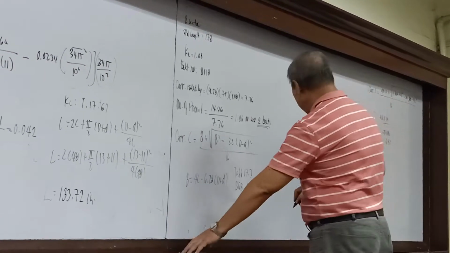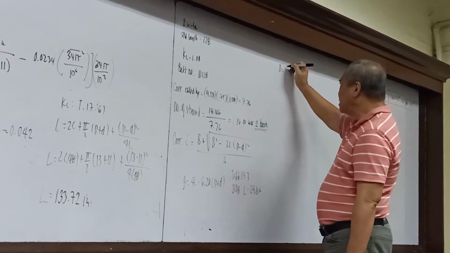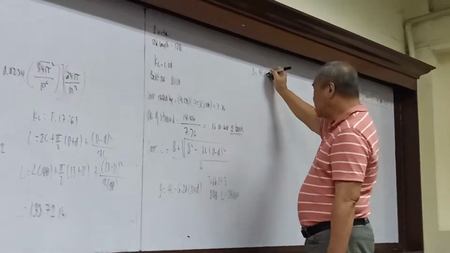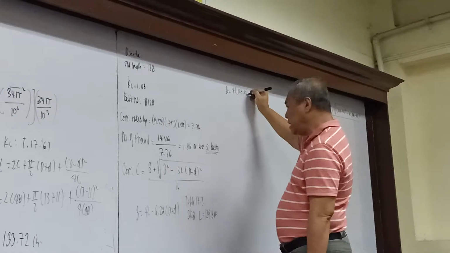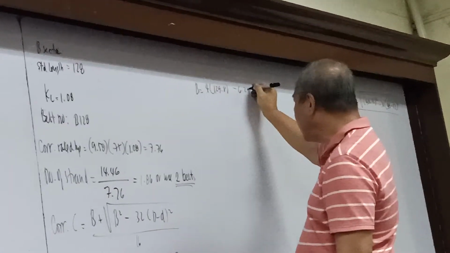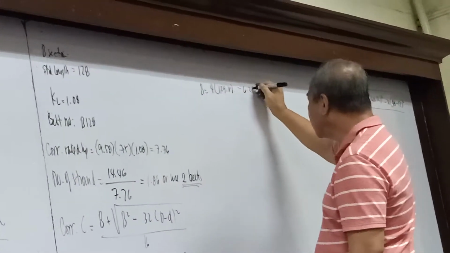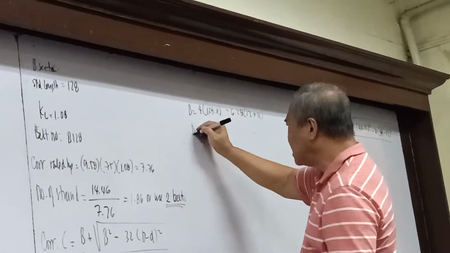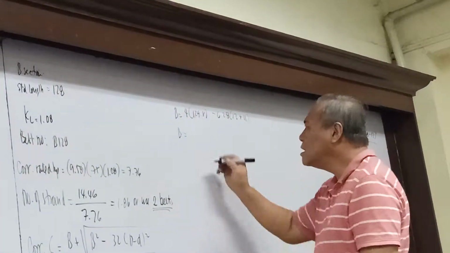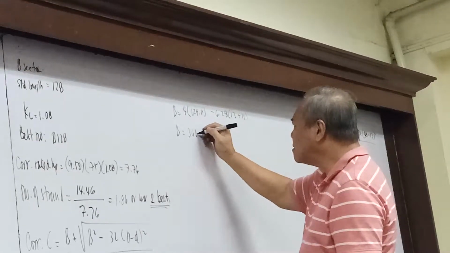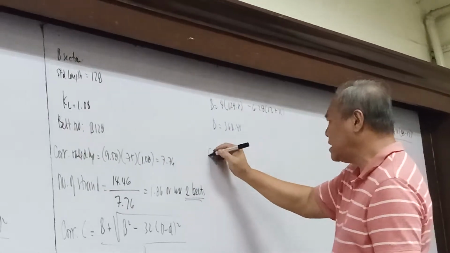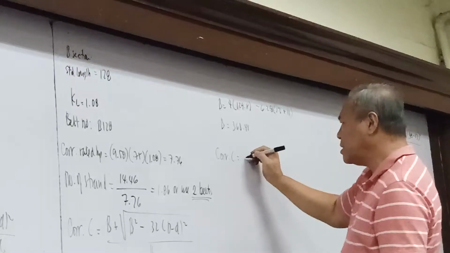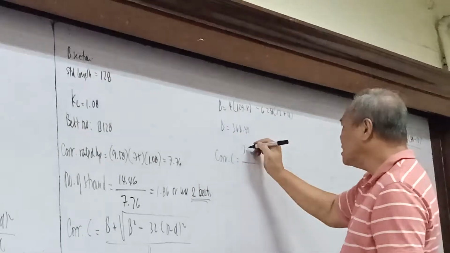Okay? So B natin equivalent to 4 times 129.8 minus 6.28 times 13 plus 11. So, ang B natin ay 368.48.